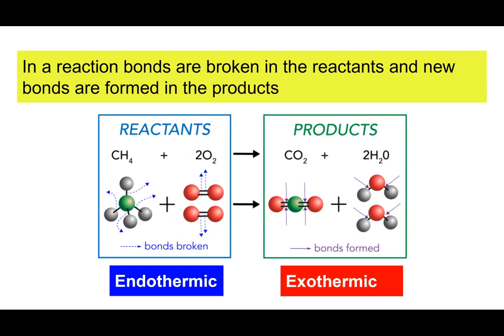So if you need more energy to break the bonds than you get out when bonds are formed, it will be endothermic. And if you get out more energy from the products than you needed to put into the reactants, then it will be exothermic. We're going to explore how to calculate this mathematically next lesson on Sunday.